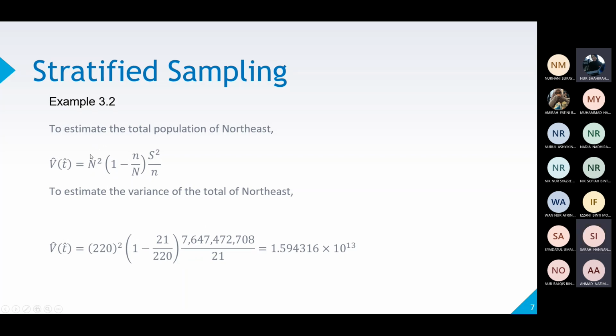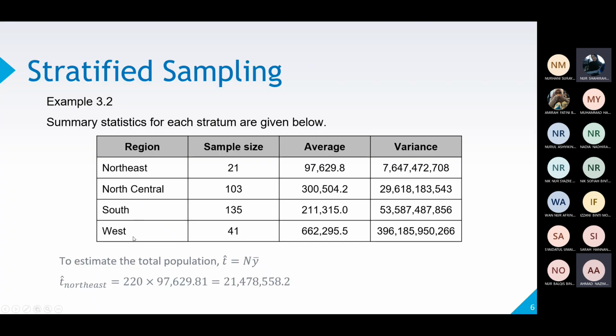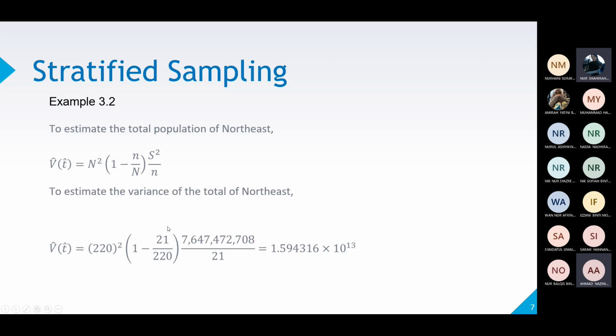We have the population size, the sample size, and we have also calculated the variance of the northeast. Then you can calculate the estimated variance for the northeast. The same goes for the other regions, north central, south, and west.